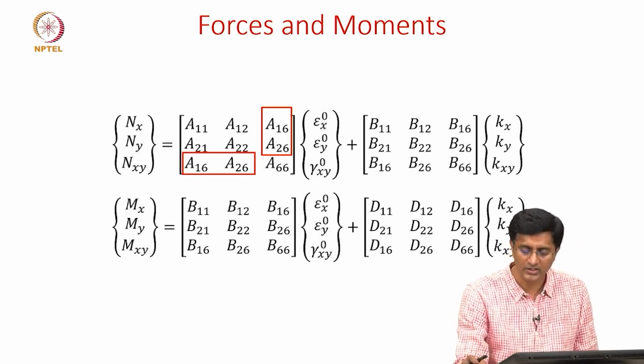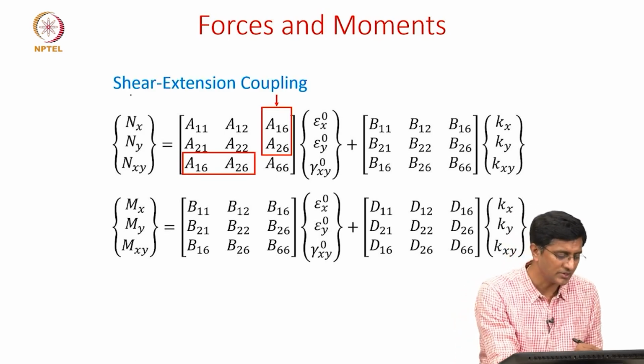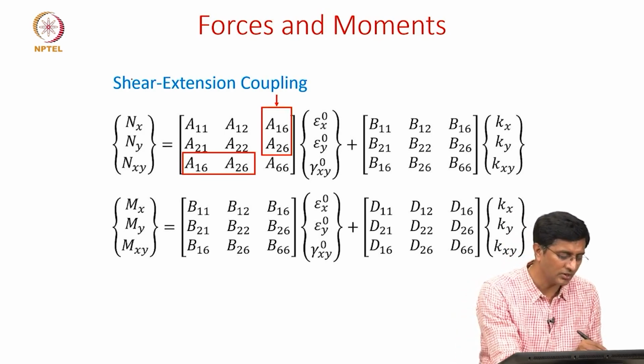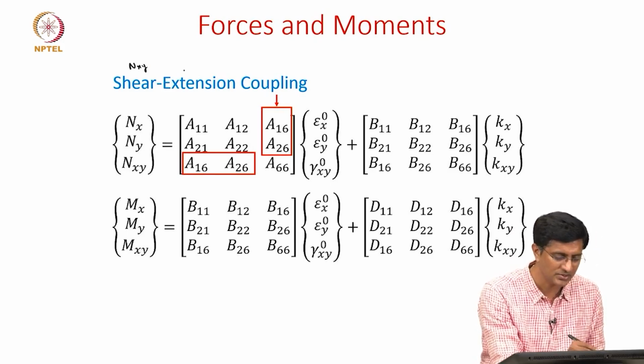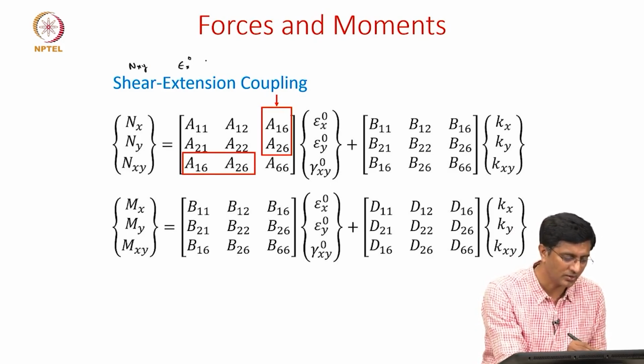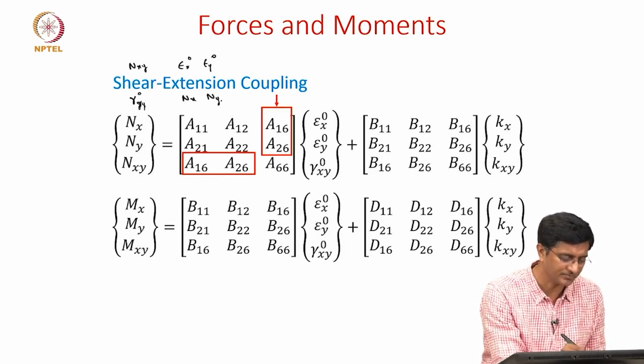So these are called shear extension coupling. So shear, either in terms of Nxy, is coupled with the extensions epsilon x naught and epsilon y naught, or shear in terms of the strain gamma xy naught is coupled with the extension forces Nx and Ny.